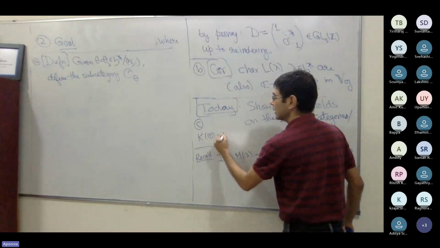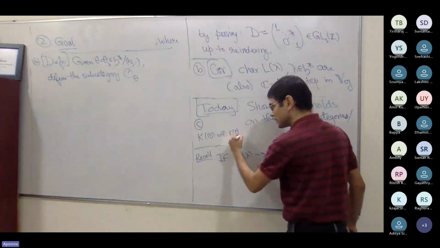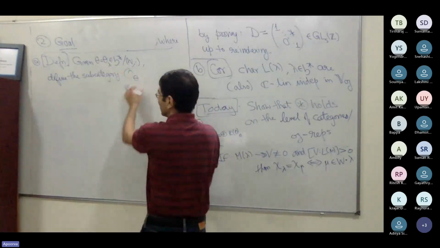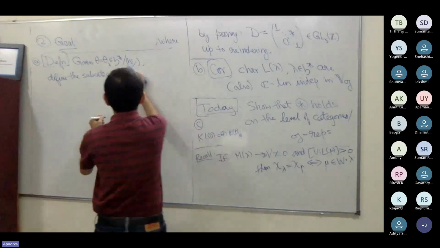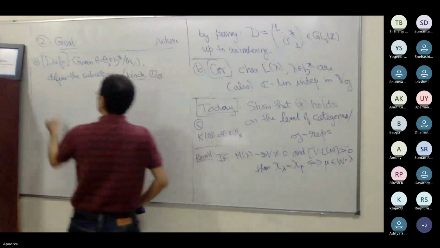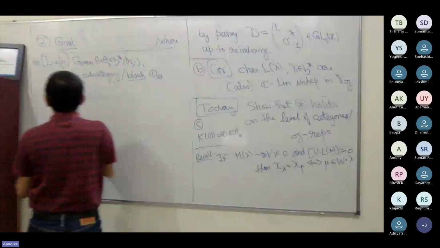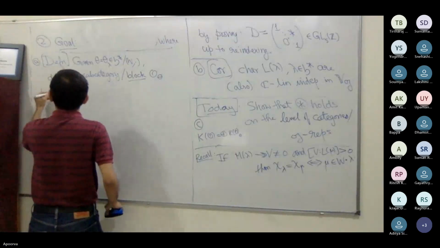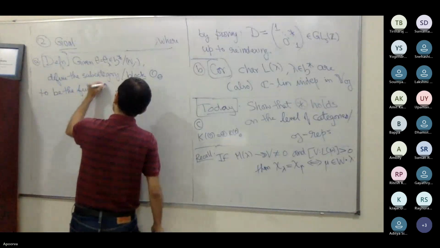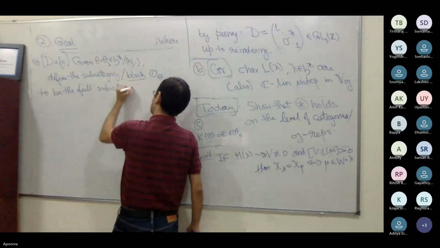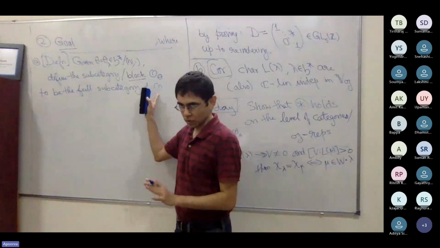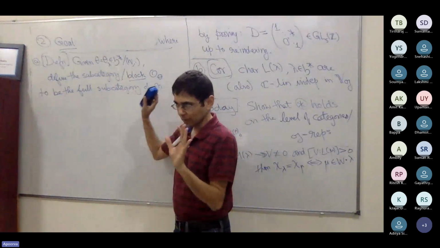The Grothendieck group is the sum of K of O subscript theta. Let me now just make that precise. That's actually going to be K of O theta. So define the subcategory or block O theta to be the full subcategory of O. So first of all, its objects are objects, and the morphisms are everything.